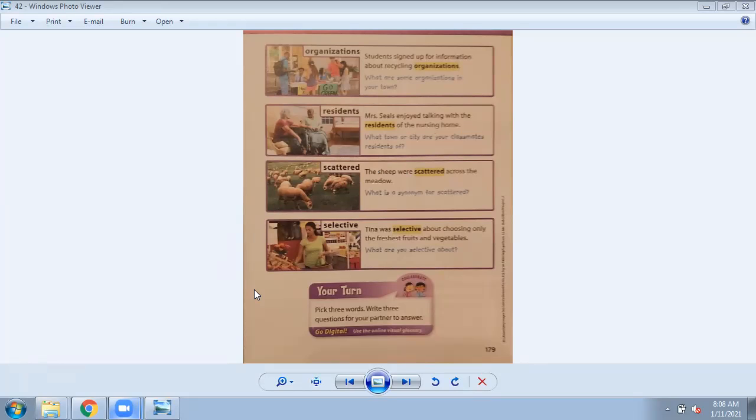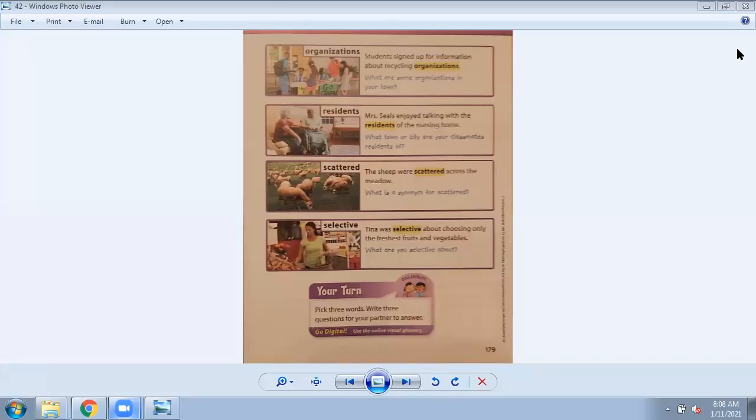Tina was selective about choosing only the freshest fruits and vegetables. Excellent. Okay, thank you so much. So when she picks her fruits and vegetables, she's very careful about what she chooses. So she is selective. Okay, thank you very much.